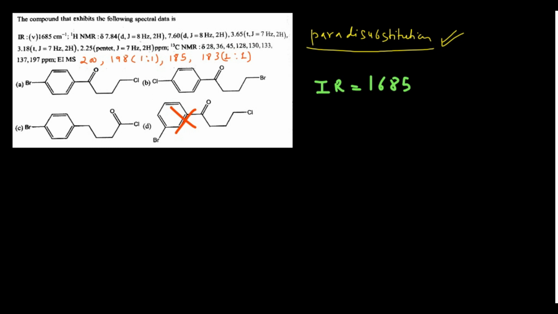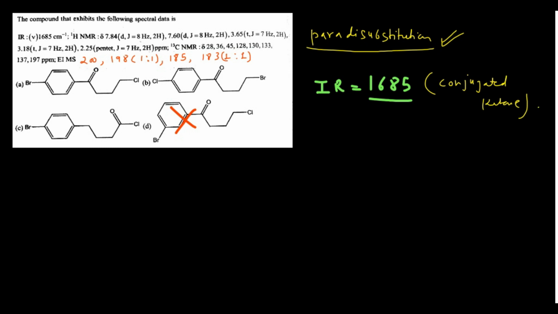So this is closer to the ketone value. Basically this 1685 corresponds to the alpha beta unsaturated ketone, or sorry, the conjugated ketone. Alpha beta conjugated ketones. So this is a conjugated ketone.